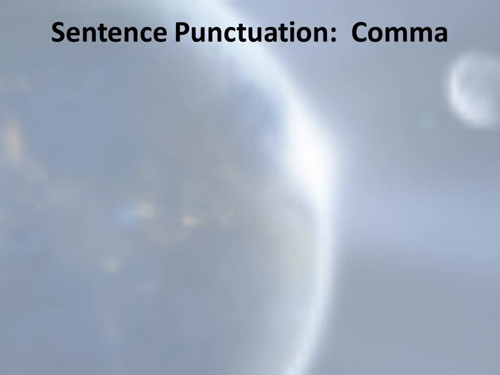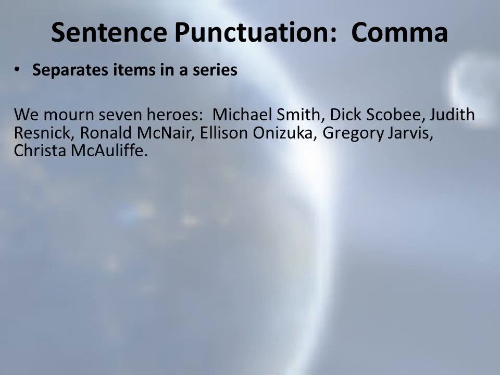Next we have commas. Remember, commas are not like periods. They're different. Commas can separate items in a series. Notice this sentence. We mourn 7 heroes: Michael Smith, Dick Scobie, Judith Resnick, Ronald McNair, Ellison Onizuka, Gregory Jarvis, Christa McAuliffe.